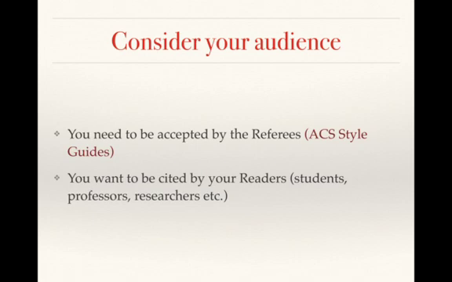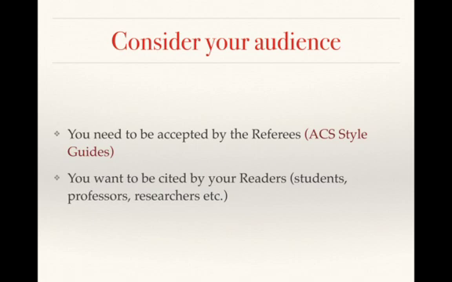A very useful course that you could attend if you wanted to is the ACS one for peer reviewers, because it's going to give you some general highlights as to what's important when you write a paper and what reviewers who are going to decide whether your paper is good or not are going to be looking at.